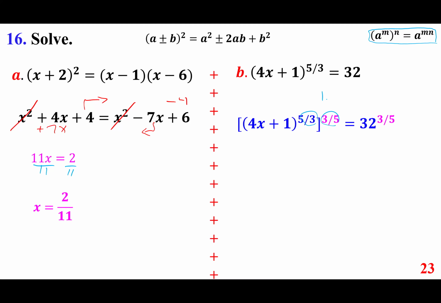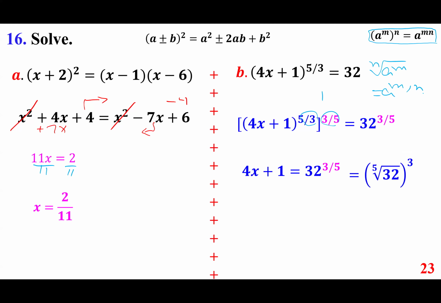The left side is x plus 1. The right side is 32 to the power of 3/5. This is the same as a to the power of m over n, so you can write it in this fashion.